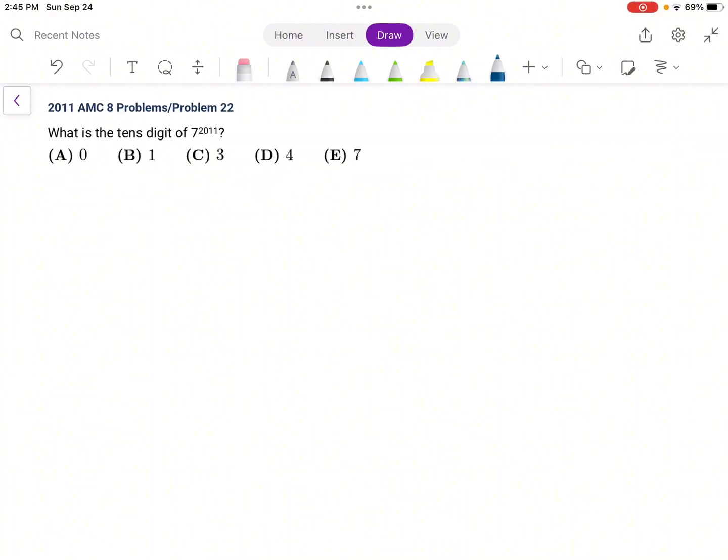Problem 22. To solve this problem, let's study the patterns of the exponentials of 7. 7 to the power of 1 equals 7, and 7 to the power of 2 equals 49. That's power of 2.